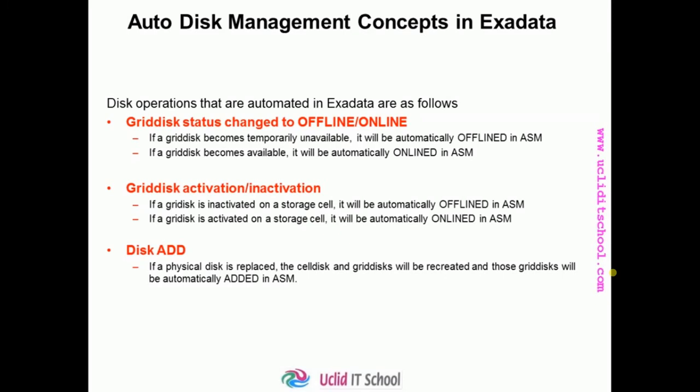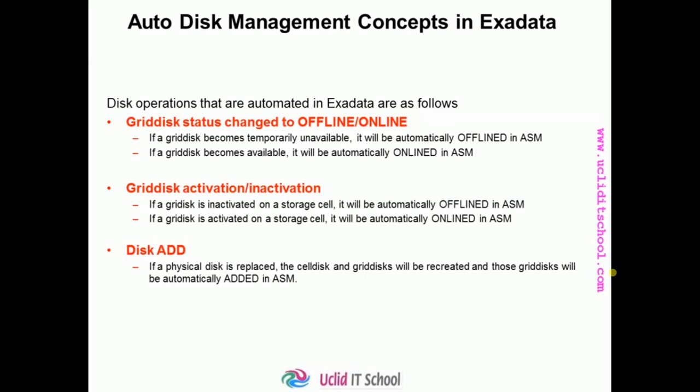So you don't need to manually offline it inside ASM. Then again, inside the storage server, if you bring that grid disk online, it is automatically online inside ASM. You don't need to manually do that. That is one automation built into Exadata.